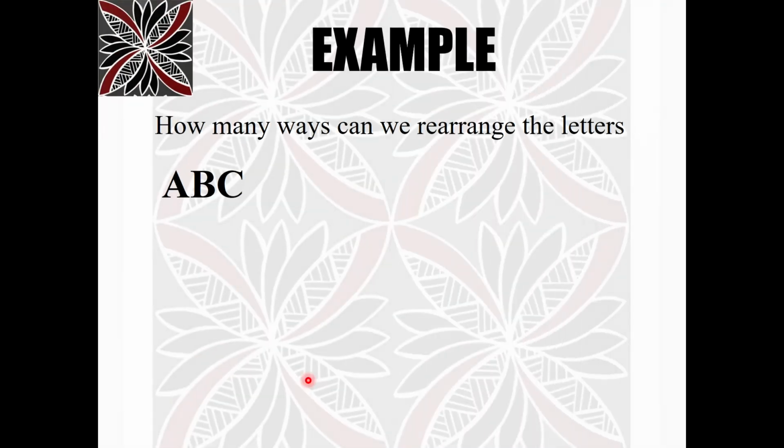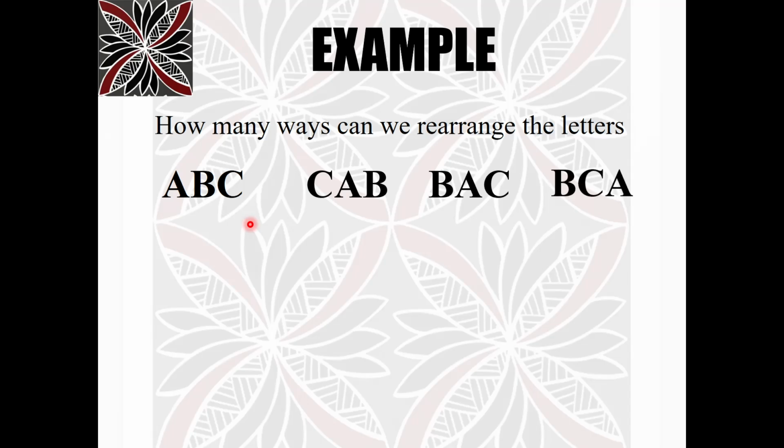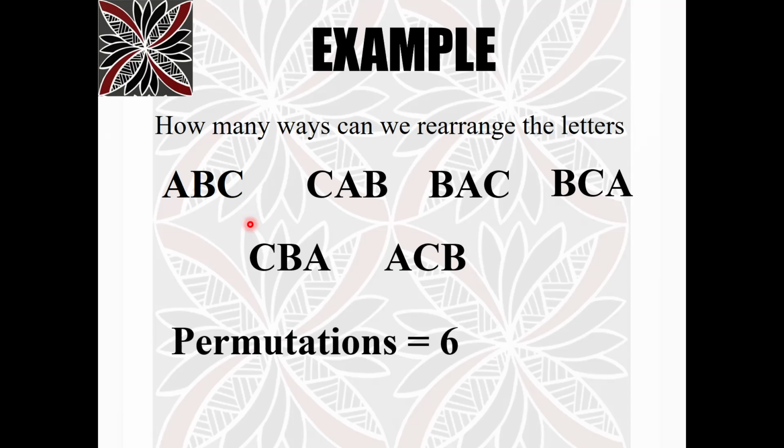Okay, so for example, how many ways can we rearrange the letters A, B, C? If I arrange them: A, B, C; A, C, B; B, A, C; B, C, A; C, A, B; and C, B, A. Because the order matters, we have 6 permutations: 1, 2, 3, 4, 5, 6.